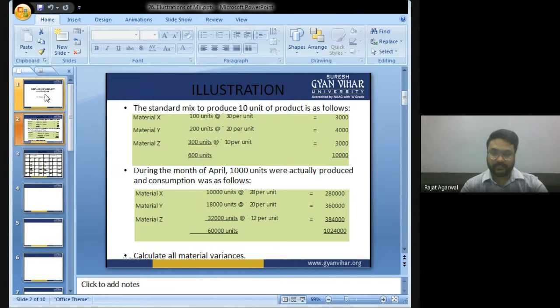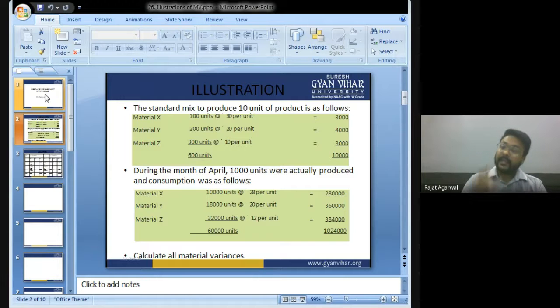Standard mix to produce 10 units of product is as follows. Students, the standard is given on 10 units of finished product.